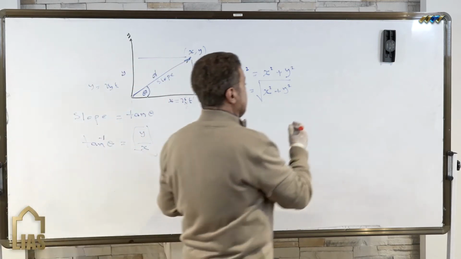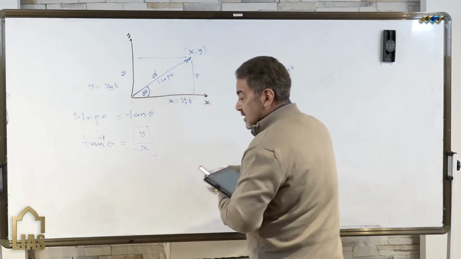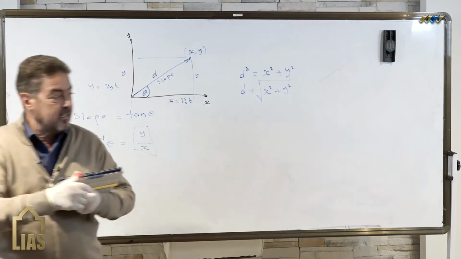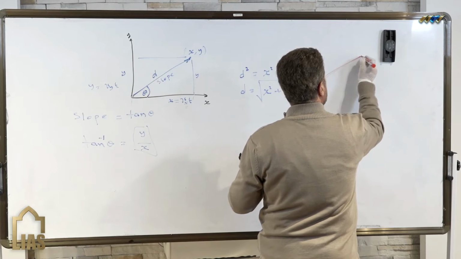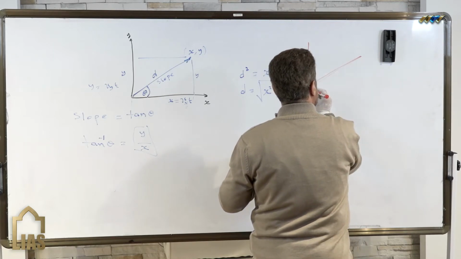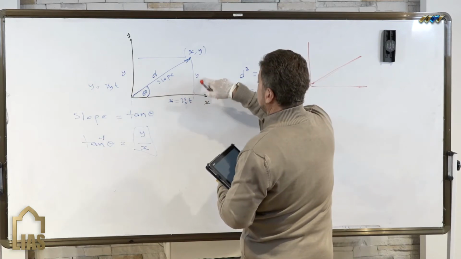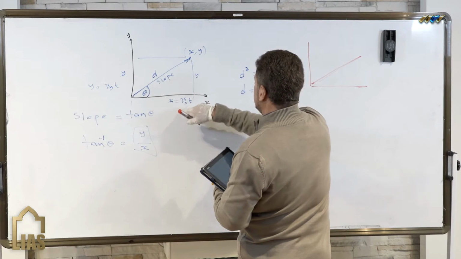The same thing here. We say if this is a V, this is the distance in y, and this is the distance in x.